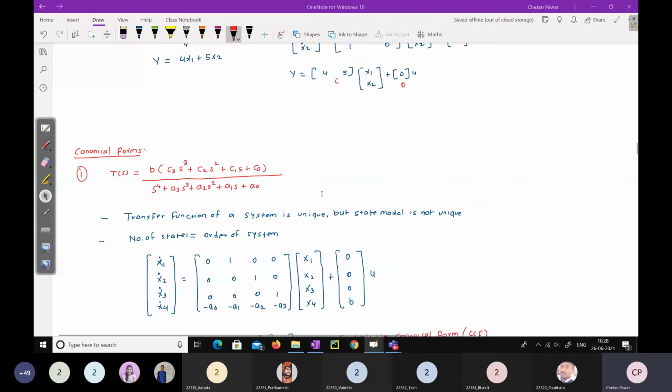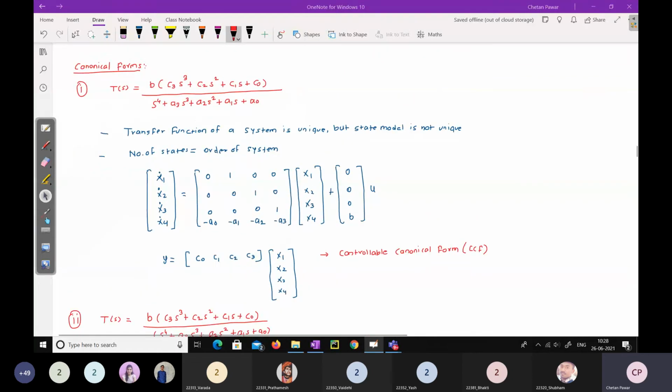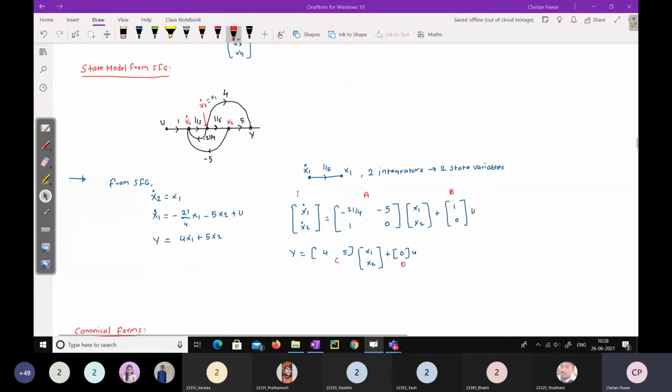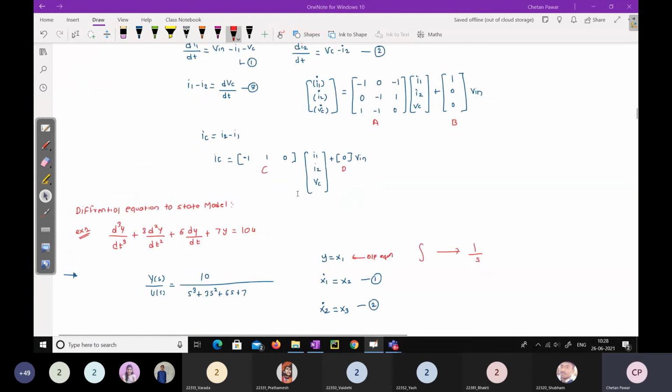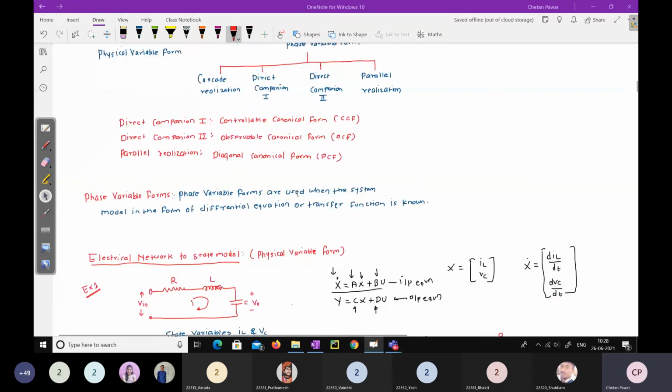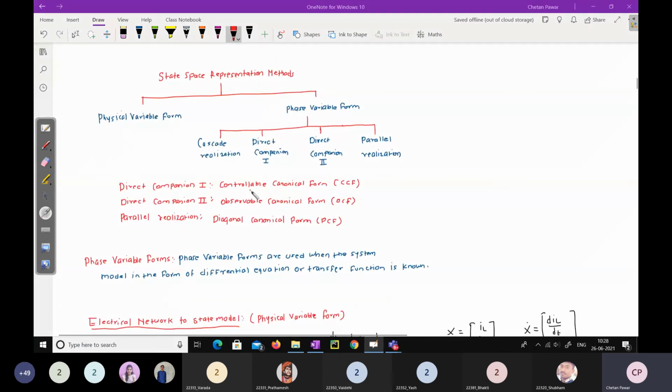Okay, let us see the canonical forms, the different canonical forms: controllable canonical form, observable canonical form, and diagonal canonical form. Let us see these examples, sorry, methods of representation.